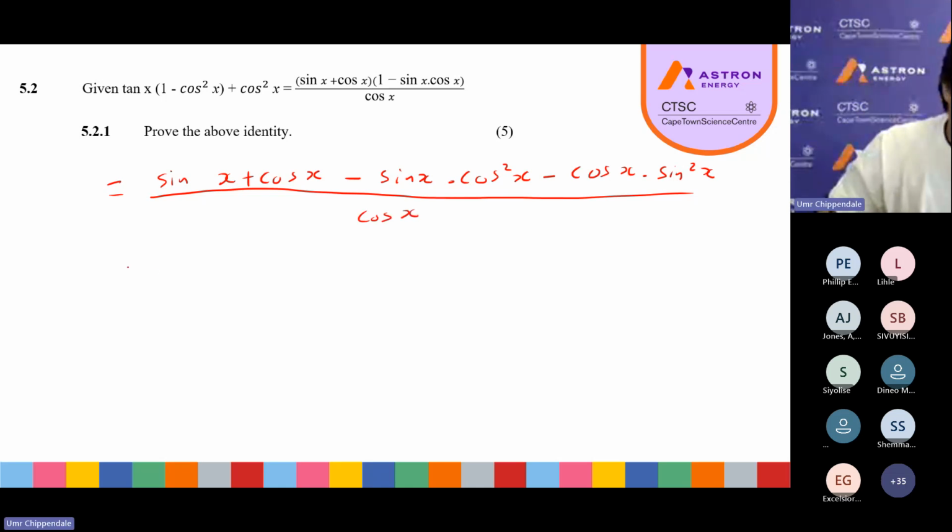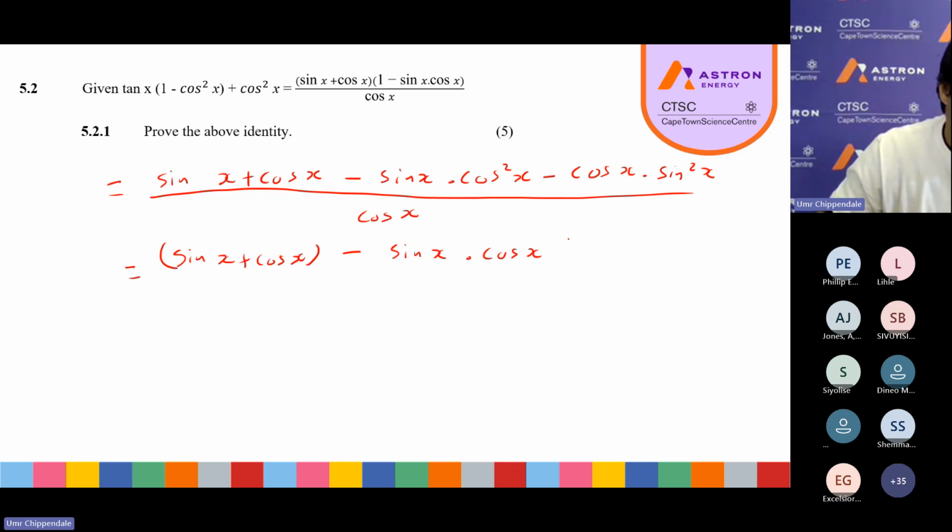Now we take this part out. We can put these together, so instead we have sine x plus cos x, and minus sine x times cos x.